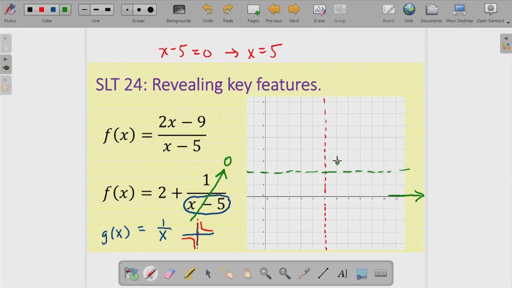Other than that, this really just is a transformation of 1 over x, and so the graph has a similar appearance to the graph of the parent function. And I think it's worth stepping our students through that process to reveal the why, not just the what. The textbook way is maybe 2 divided by 1, just memorize that. But let's think about why that happens, and I think we've just done that, and we should try to do that with our students.